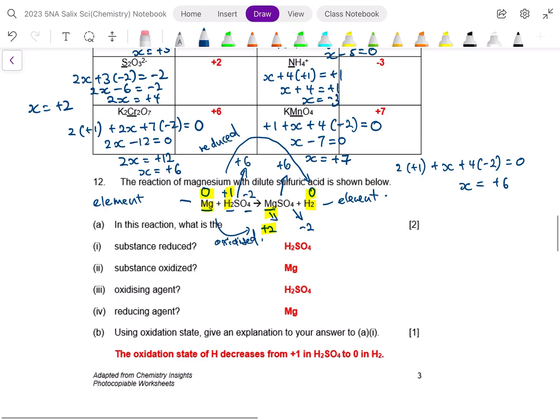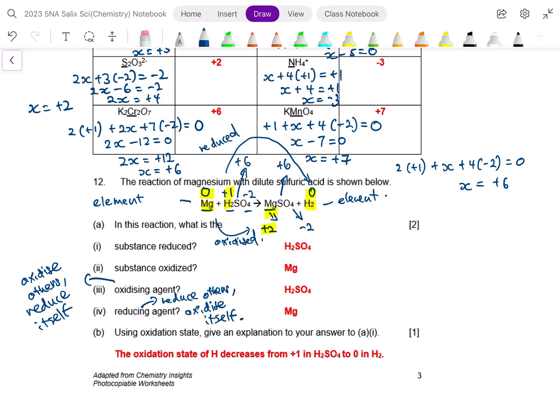Okay, so an oxidizing agent means you oxidize others and reduce itself. So that will be your sulfuric acid, H2SO4. A reducing agent will reduce others and oxidize itself.